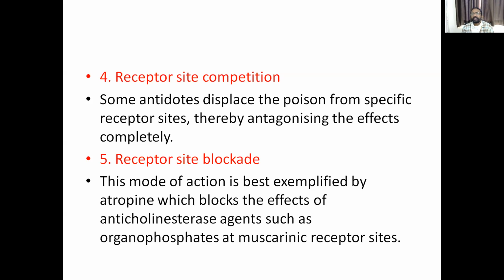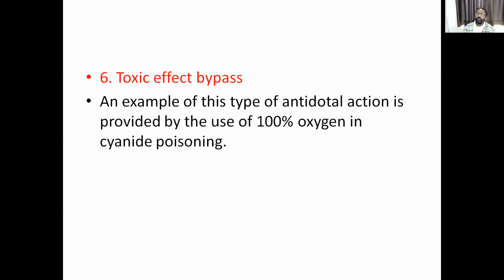The antidote blocks the site of action of the poisonous substance. For example, in case of organophosphorus poisoning, the anticholinesterase effect at muscarinic receptor sites is blocked. Like that, these antidotes will block the site of action of the poisonous substance.